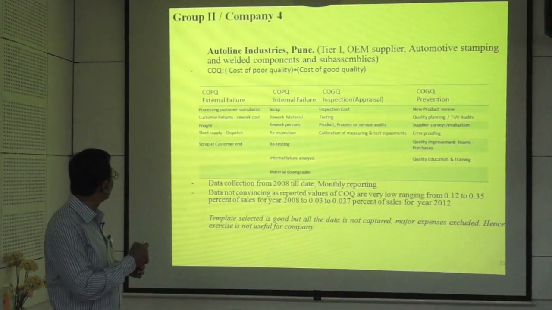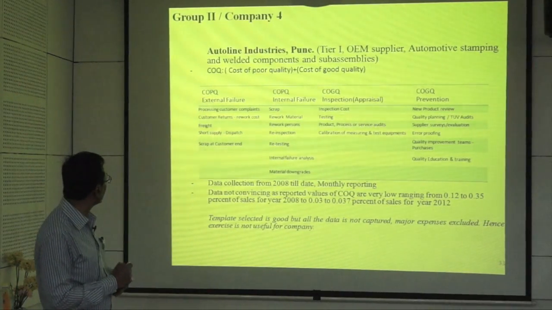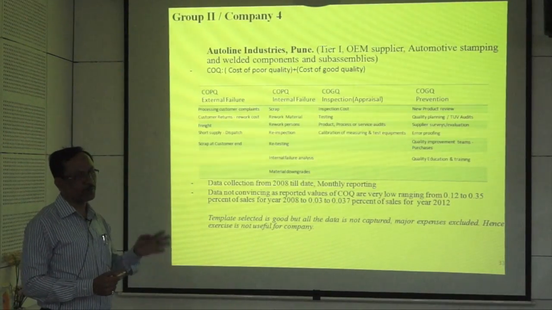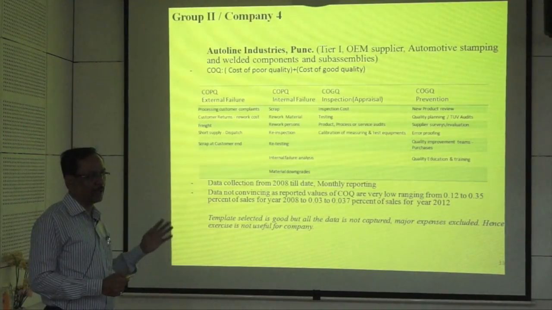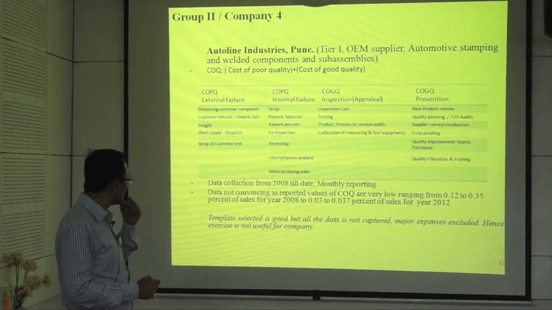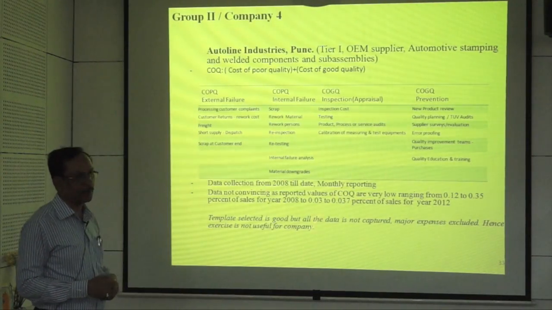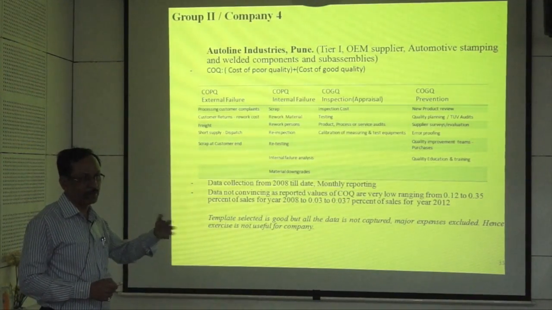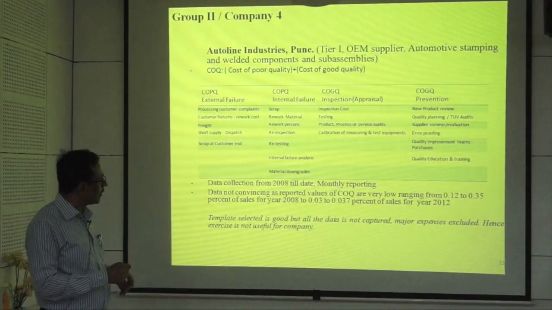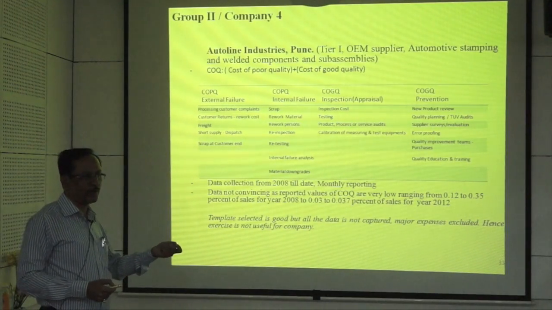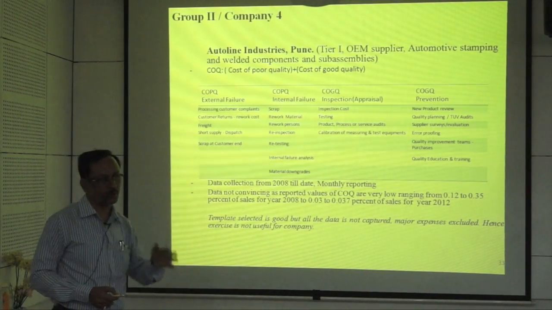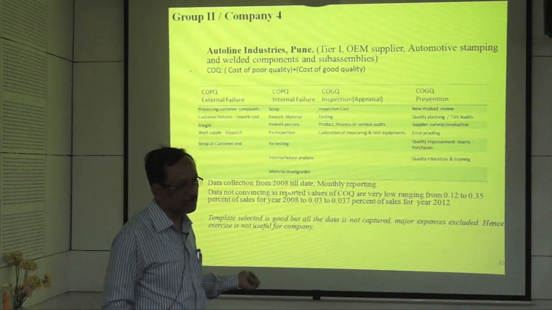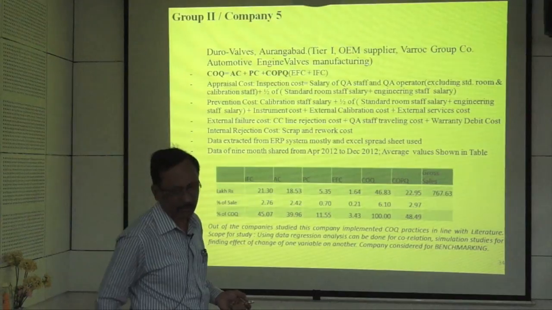They have listed and done the classification like this, COPQ and COGQ, cost of good quality, cost of poor quality, and this makes total cost of quality. They had sheets from 2008 to 2012 when I approached them. Initially it was around 0.5% and they said that we have brought it to 0.12%. But all the data is not convincing at all. So this is what I have observed in this data.